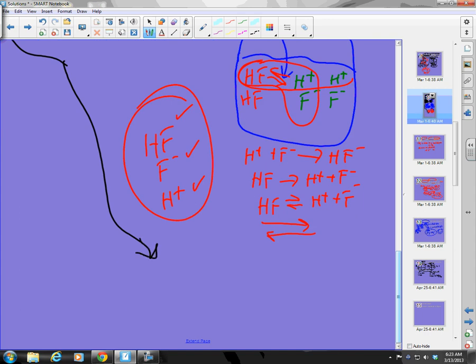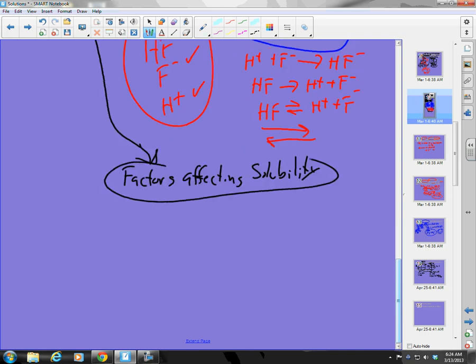Finally, let's write down factors affecting solubility. Factors affecting solubility. And the first thing we need to know is, what is solubility? Well, solubility, and we're going to kind of simplify this, but it's essentially the amount of solute which dissolves.